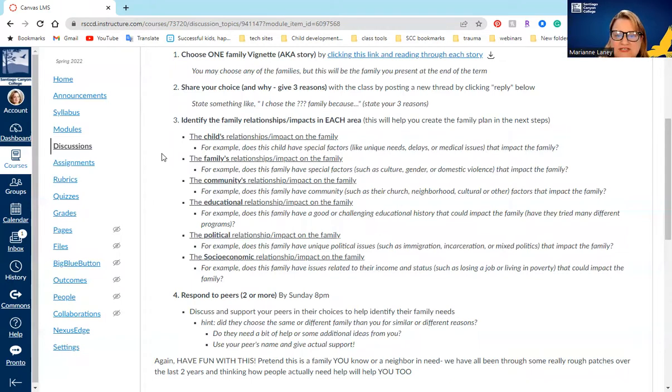And the political relationship or impact on the family. Now, the story doesn't say, is he a Democrat? Is he a Republican? Right? But what are the prevailing politics right now on low income families or single dads or things like that, or a man who doesn't work? I mean, does this family have unique political issues? Does this story include Ukrainian refugees, things like that?